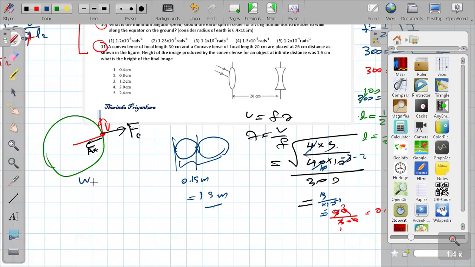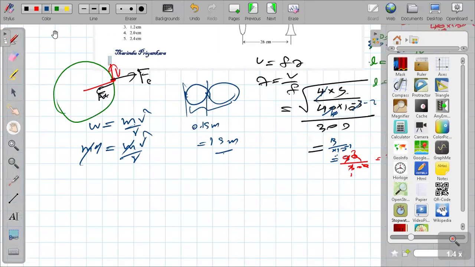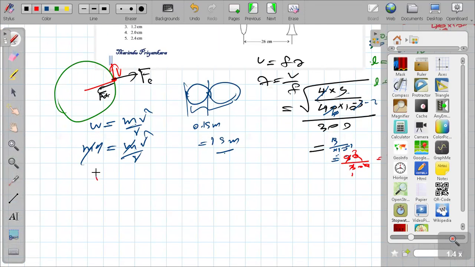So if the weight equals mv square over r, this is the minimum requirement. mg equals mv square over r. m and m cancel off. So v is equal to the square root of gr.